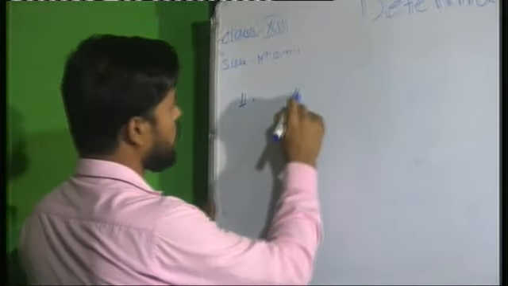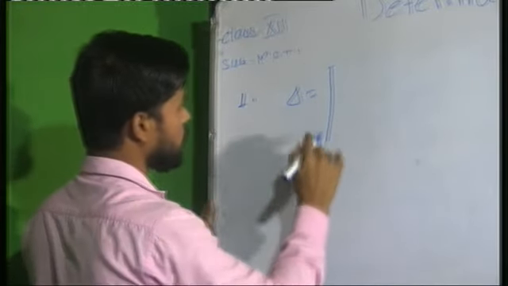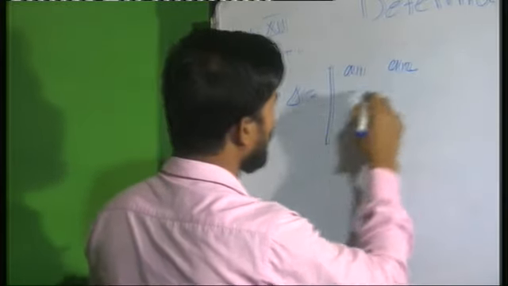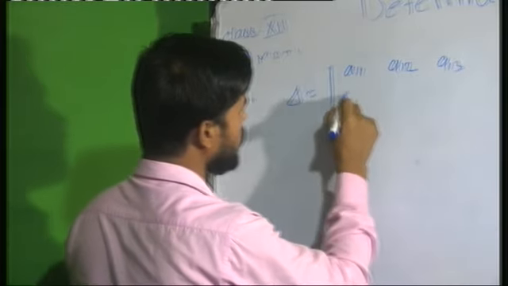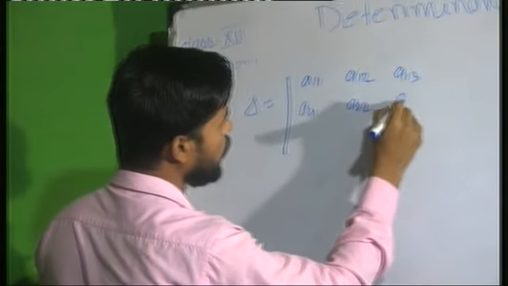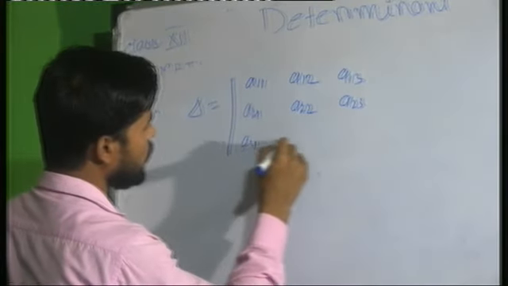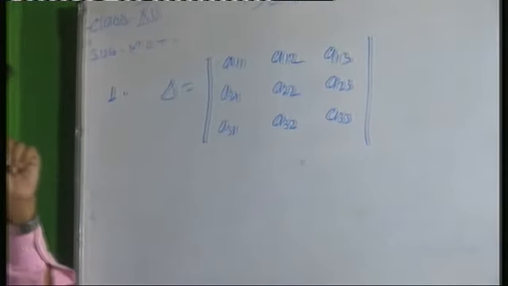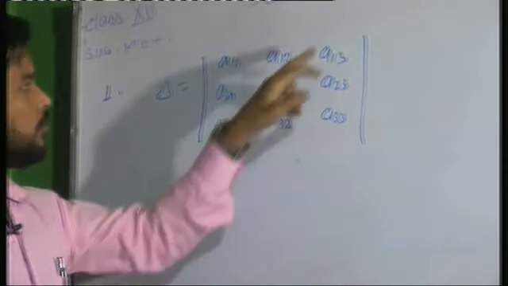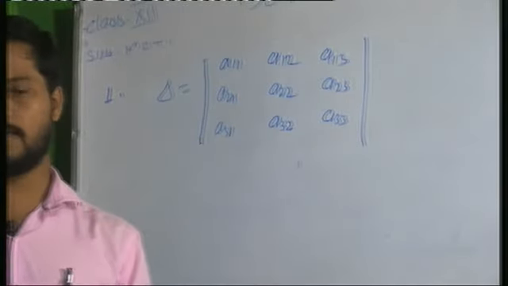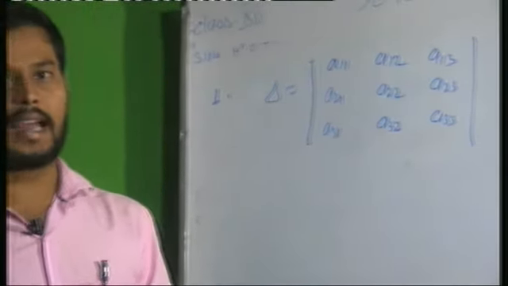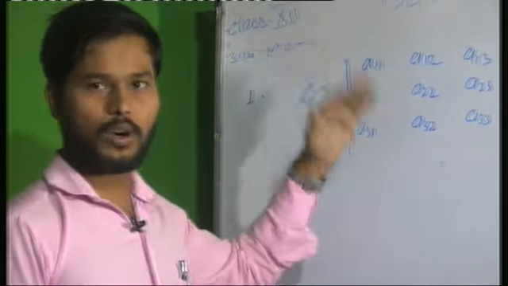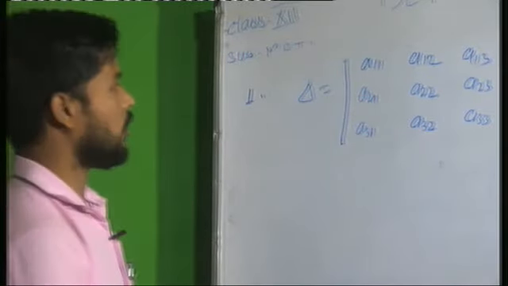Now property number 4 is, suppose there is a determinant like this: A11, A12, A13, A21, A22, A23, A31, A32, A33. Now if I multiply any row or column with a fixed number and add the result to the corresponding elements of another row or column, then the value of the determinant does not change.